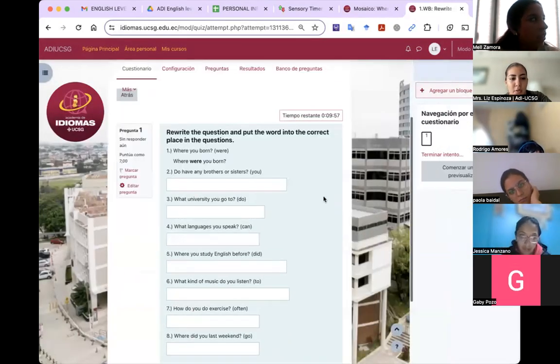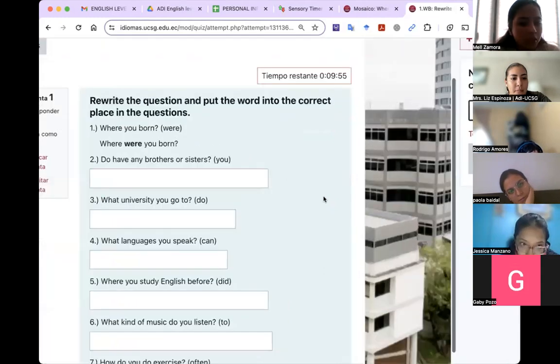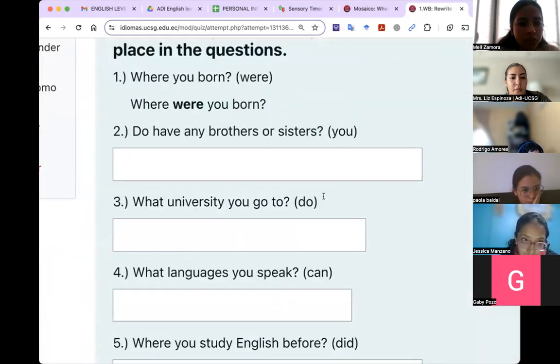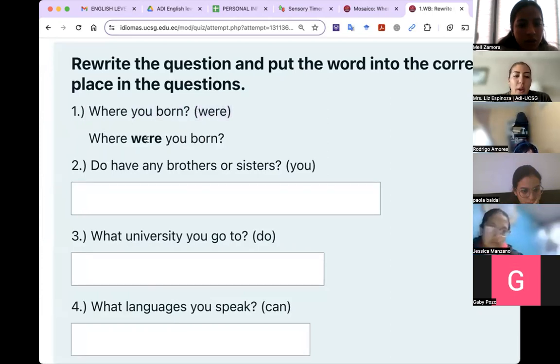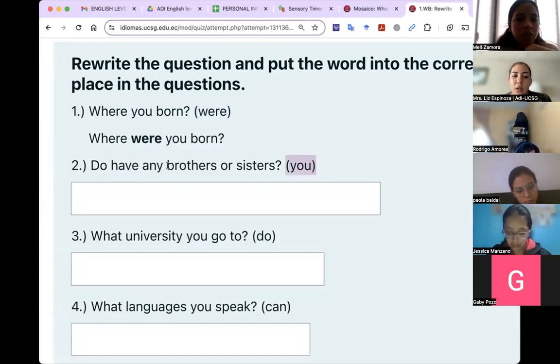Look at this. You have rewrite, put the word into the correct place. It says, were you born? You are missing, in this case, the verb to be, in past. So, where were you born? Do you have any brothers or sisters? So you have to put the were you in the middle of this question.